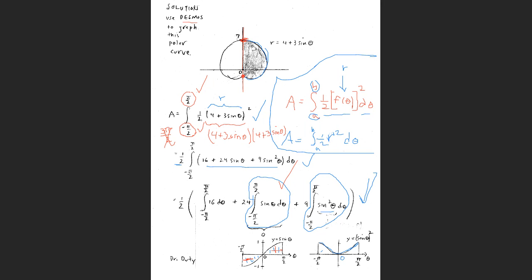This area here is equal to this area here. And so when I evaluate this integral, I can say that integral will equal 2 times the integral from 0 to pi over 2, because the sine squared theta is symmetric about the y-axis.